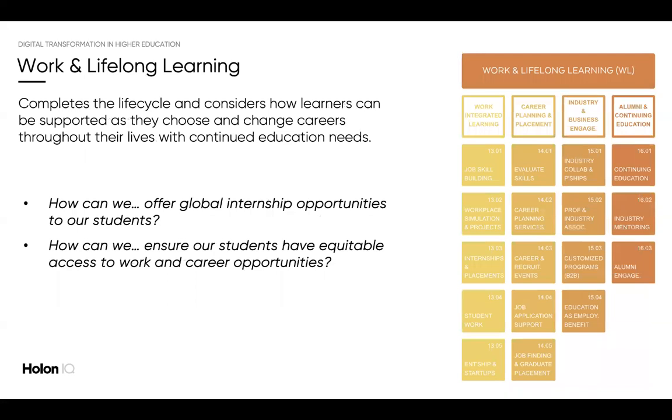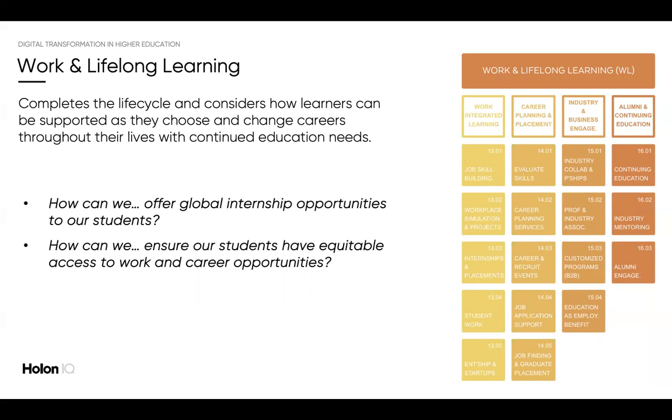And finally, in work and lifelong learning, we look at how it completes the life cycle, but it also loops back around to the beginning of the life cycle. So there's a lot of feeding forward here of insights from student experience into planning future innovations, but also considering how learners can be supported as they choose careers, as they change careers throughout their lives.